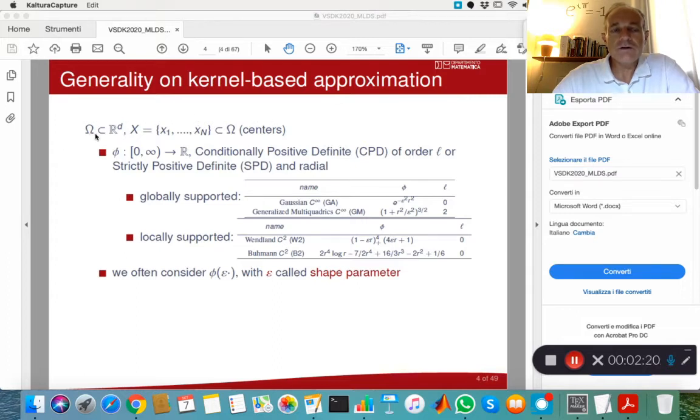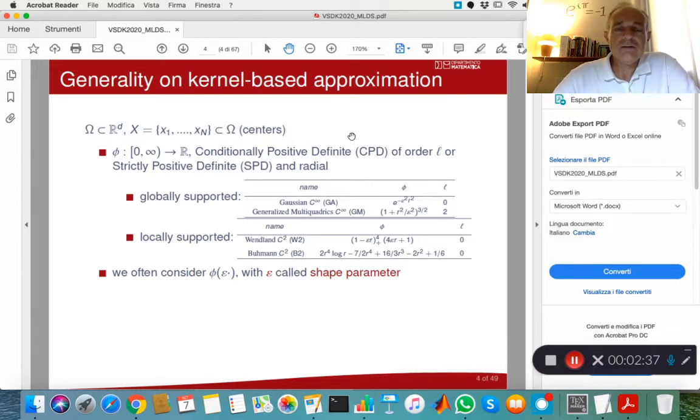So we usually work in a d-dimensional domain that we call omega. Okay, here is our omega. Then on this set we pick some points, let's say capital M points, that we call centers. Unlike approximation by polynomials, these centers can be scattered in any places of our domain.